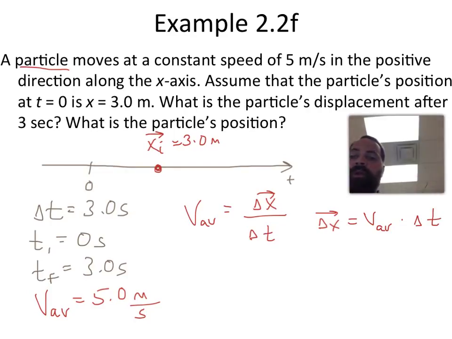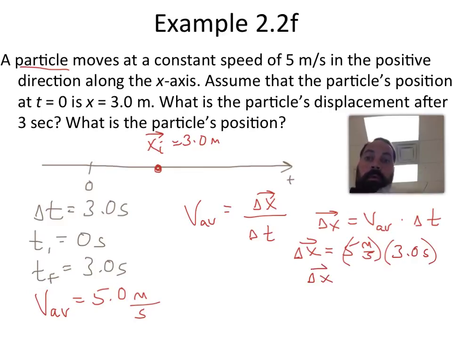So our change in x, our displacement over that time, is going to be 5 meters per second times what's our elapsed time? It says over here, 3.0 seconds.